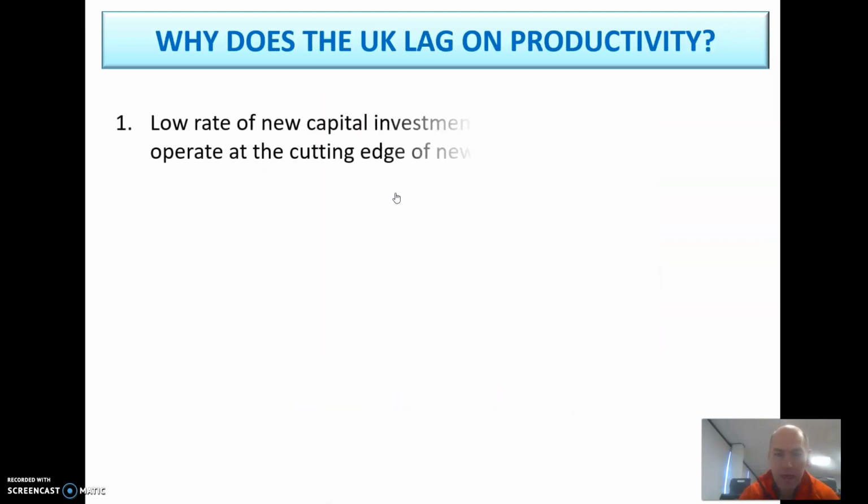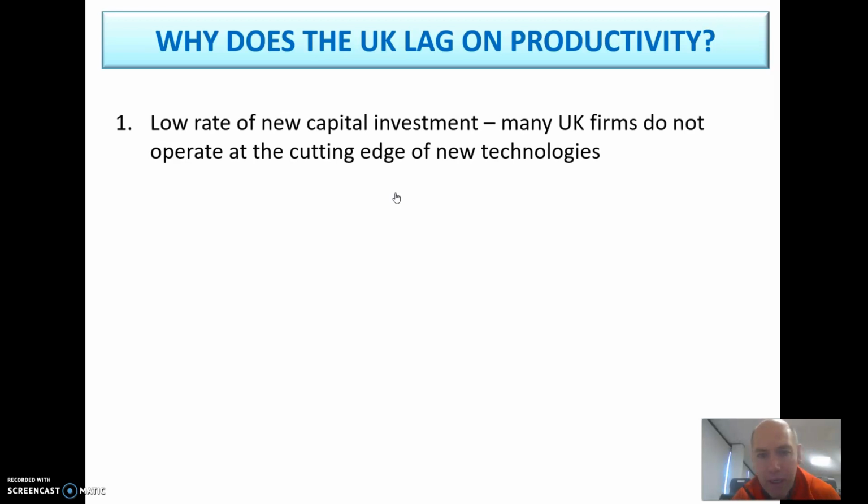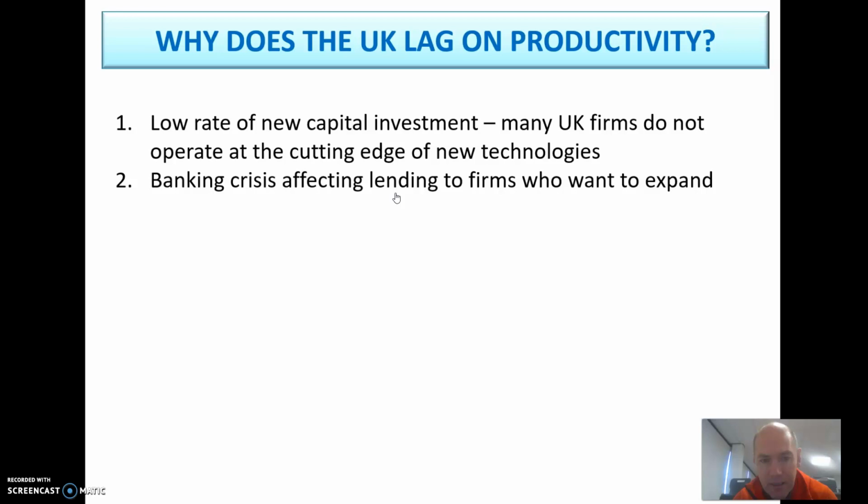Okay, some quick points. Why does the UK lag on productivity? Well, first of all, we don't invest enough in this country in terms of capital investment, and so we don't have that many of our firms operating at the cutting edge of new technologies. Secondly, in terms of the credit crunch, that undoubtedly affected firms who wanted to expand.